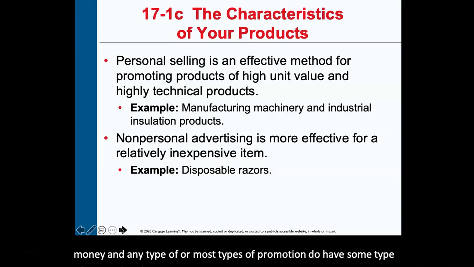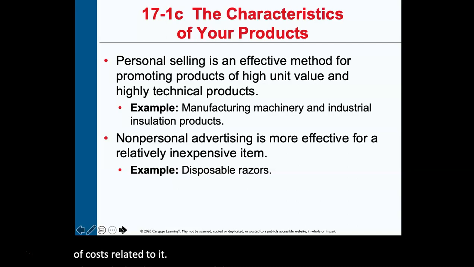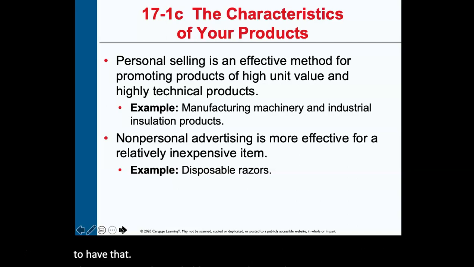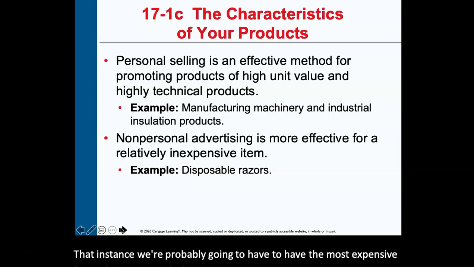Obviously, the characteristics of the product are going to help dictate a little bit about how we promote that product. So if we're selling multi-million-dollar pieces of equipment or multi-million-dollar services, obviously we can't rely on some type of newspaper advertising or some type of minimal promotion to sell those products. In that instance, we're probably going to have the most expensive form of promotion, which is personal sales force.